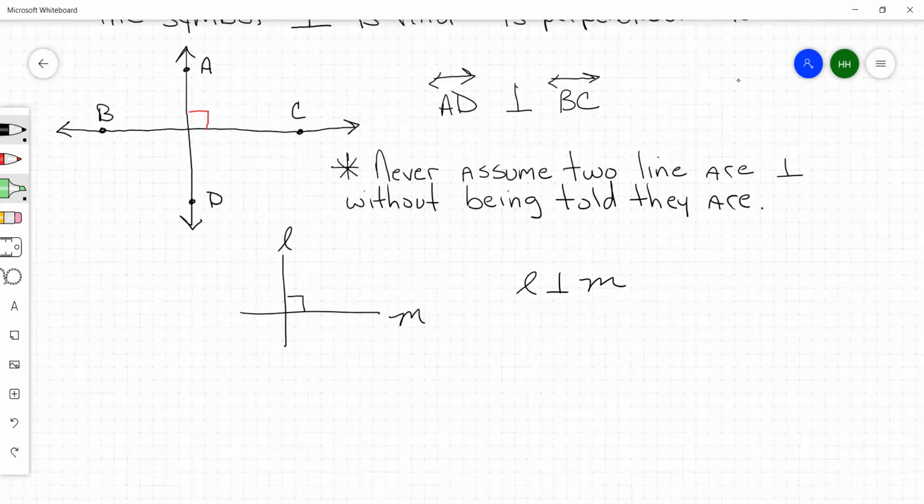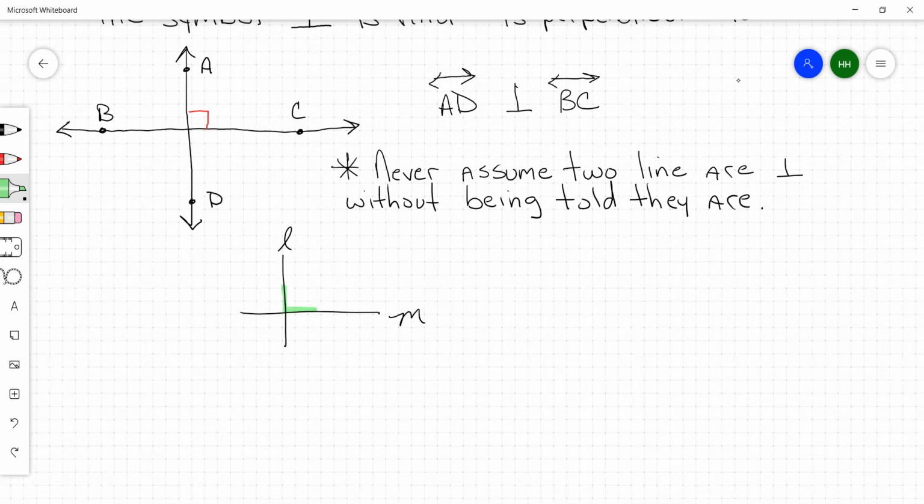Okay? If you're told the angle, those are the only two things right there. Either the symbol or you're told that they're perpendicular. Otherwise, when you look at those two lines, and I ask you, what is this angle measure?